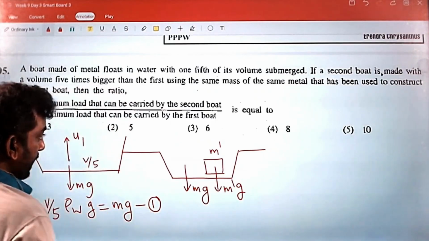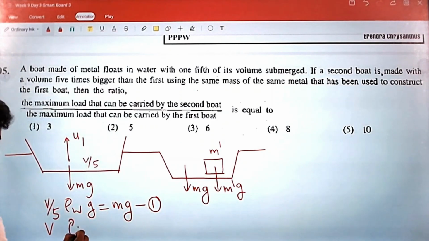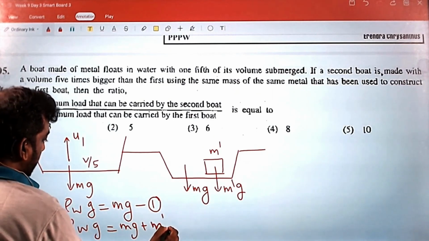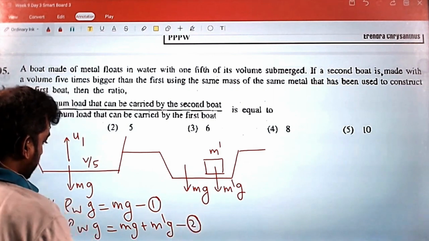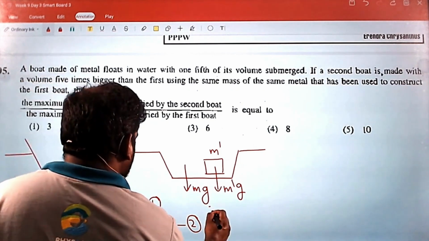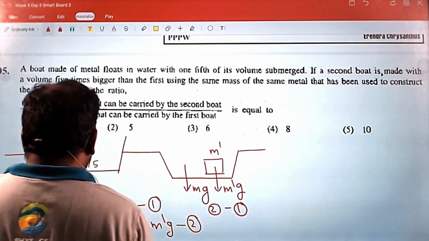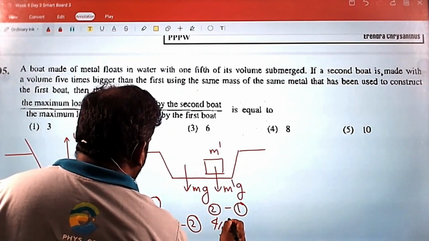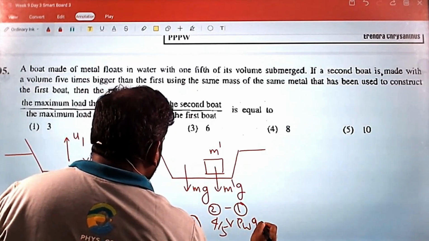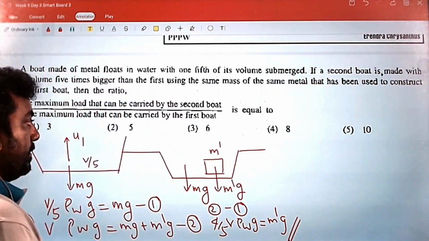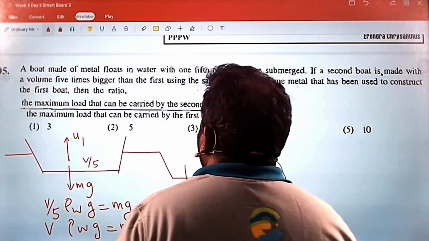So we can write V rho w g equals mg plus m dash g. Subtracting, 1 minus 1 over 5, that is 4 over 5 V rho w equals m dash g.